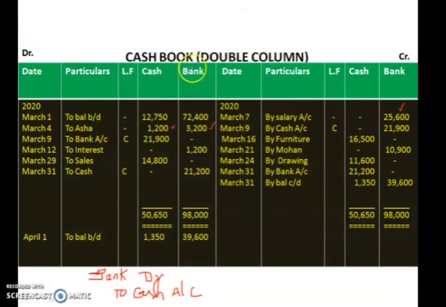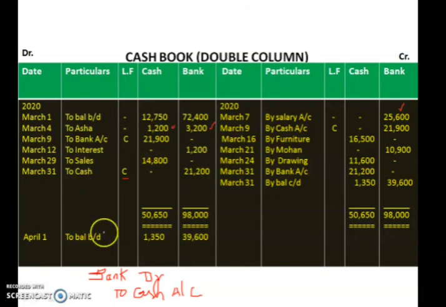Okay, the bank column is there. So on the debit side of the bank account in the cash book, you will write 31st March to cash account. See, to cash. Because both cash and bank entry is there, you will write contra C. Represent it as C, contra entry. Then in the bank column you are supposed to write 21,200.